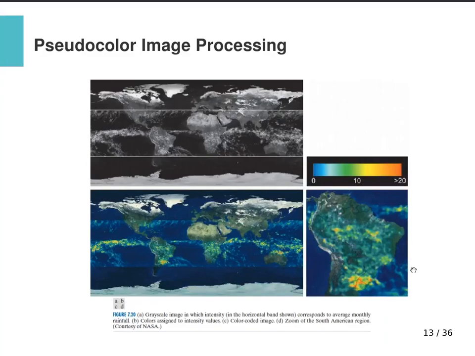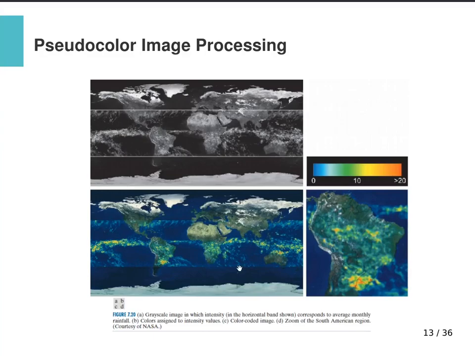On top you see a grayscale image that is captured by a special type of radar that measures the average monthly rainfall. So one application of pseudocolor image processing is basically to assign colors to these different gray values.